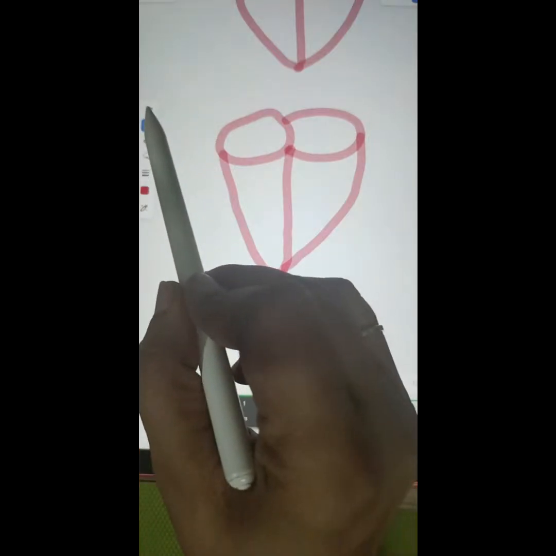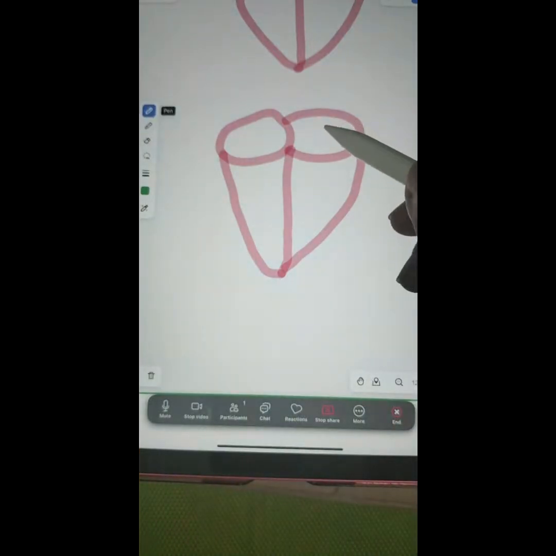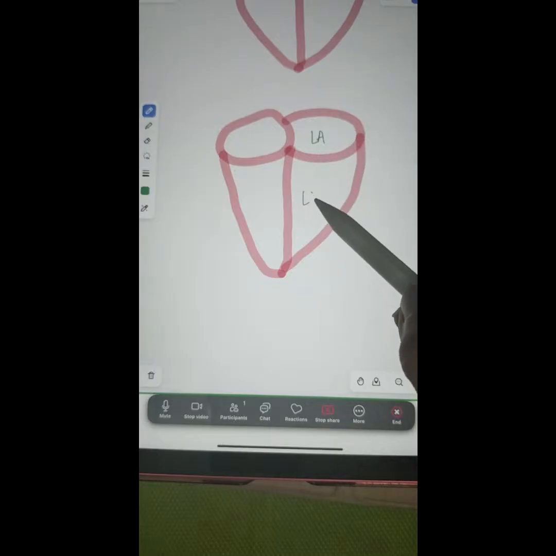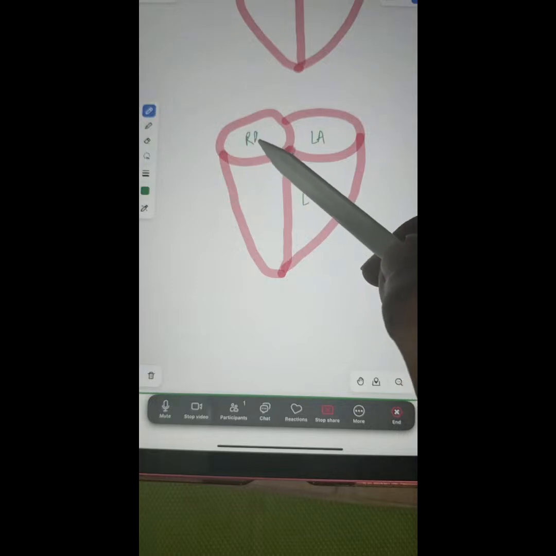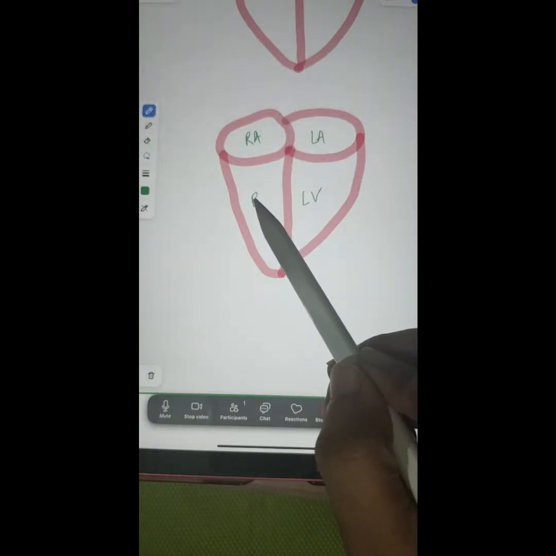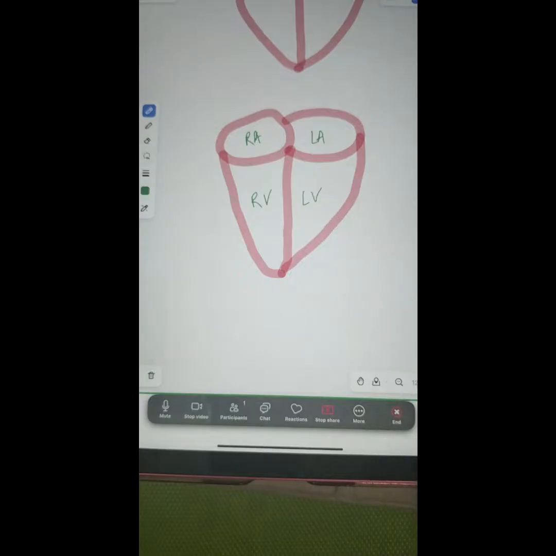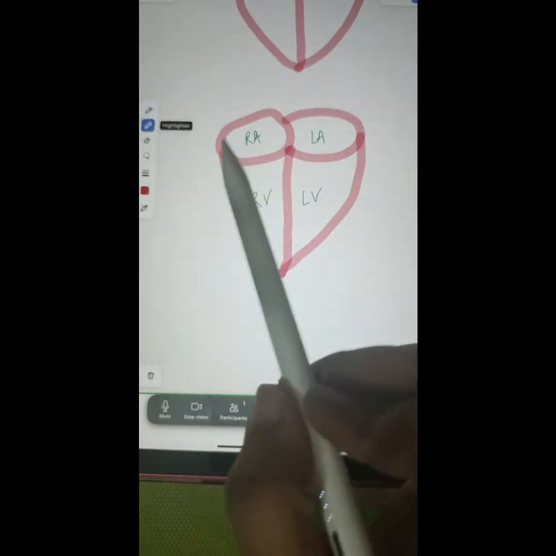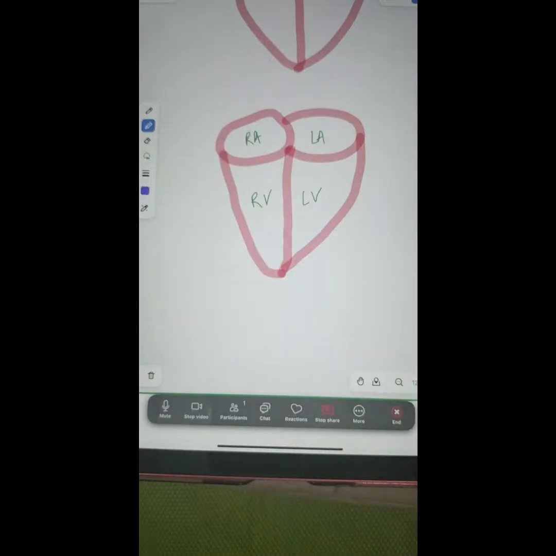So if you look at this diagram, this is going to be your left auricle. This is going to be your left ventricle. This is going to be your right auricle. And this is going to be your right ventricle, right? Always remember the left side of the heart always contains oxygenated blood.